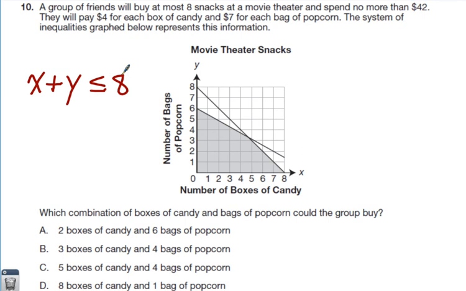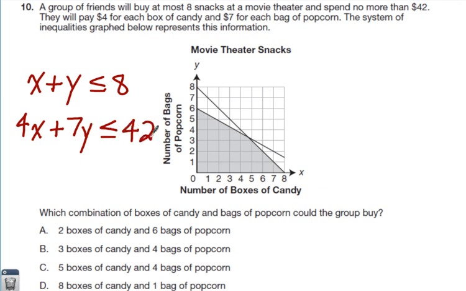So $4 for a box of candy gets multiplied to the x, and then $7 for a bag of popcorn. When you add up all that money, $4 times some number of candy boxes and then 7 times some number of bags of popcorn, that needs to be no more than 42.